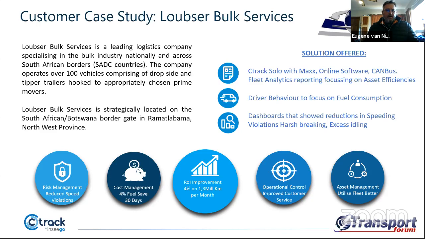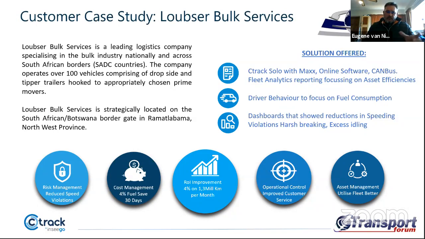And the key thing for them is they used technology, they used the telemetry information, and they focused on reducing speeding events. And by using the information that was provided to them, they've reported a 4% fuel saving in 1 month on those 100 vehicles.